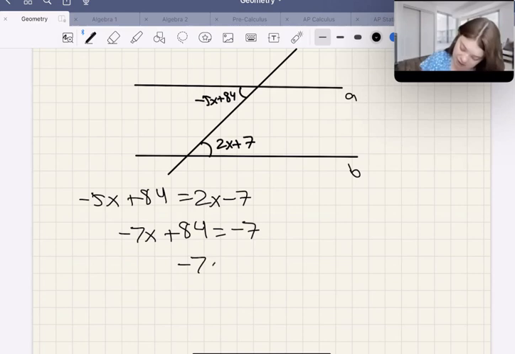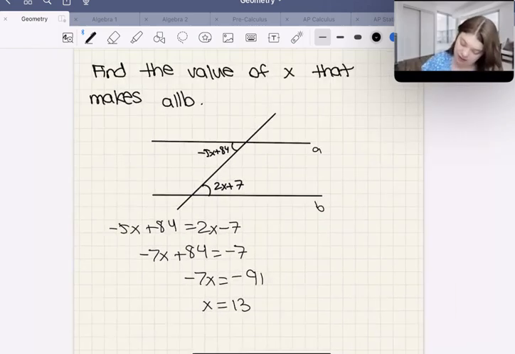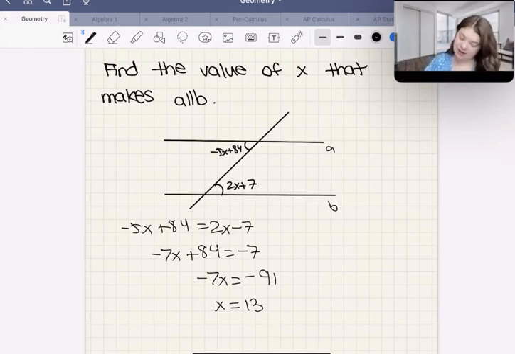So negative 7x is equal to negative 91. And then if we divide both sides by negative 7, we get that x is equal to 13. And so that's the value of x that would make these two equal, and therefore that would make A and B parallel. So if x is 13, then they're parallel. If x is not 13, then they are not.